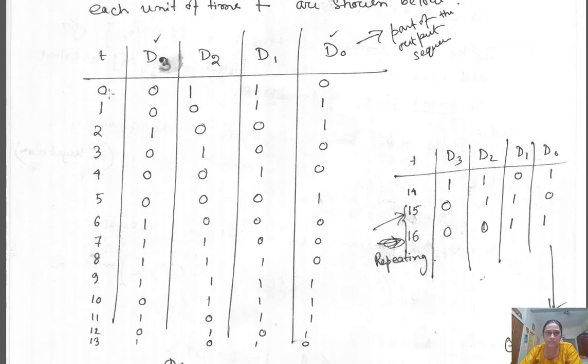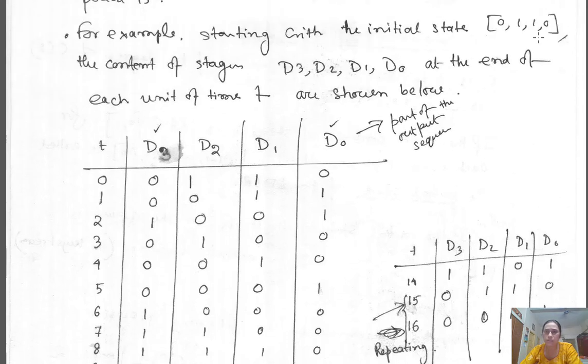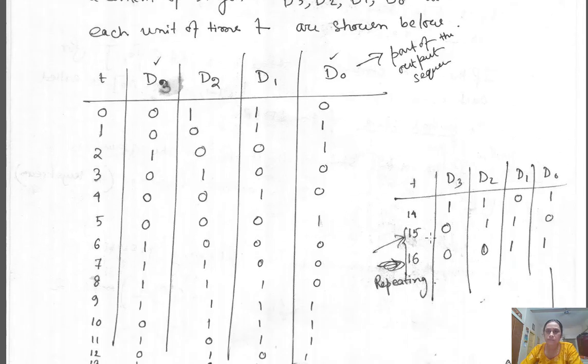This is illustrated. Initially it is 0 1 1 0, suppose. I have taken 0 1 1 0, and after completion of 15 steps, in the 16th step it is giving you 0 1 1 0 again. That means you are again at the initial position, so everything will repeat.